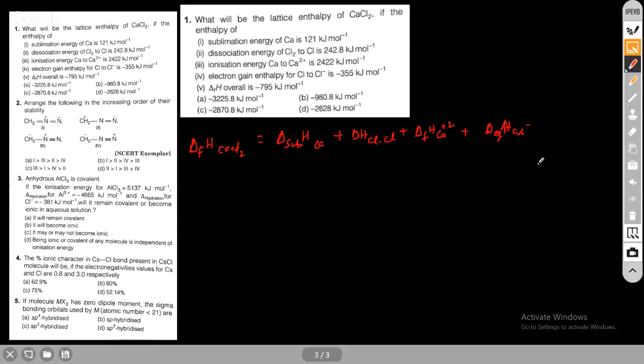But since we require 2 Cl minus here, we'll multiply this with 2, plus the overall enthalpy of CaCl2 is this. Delta H formation of this.